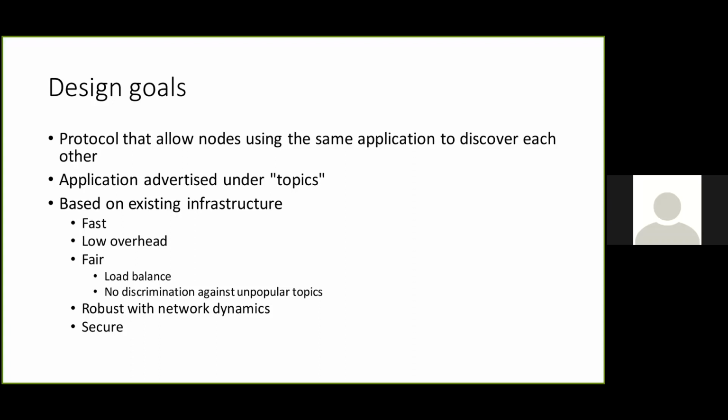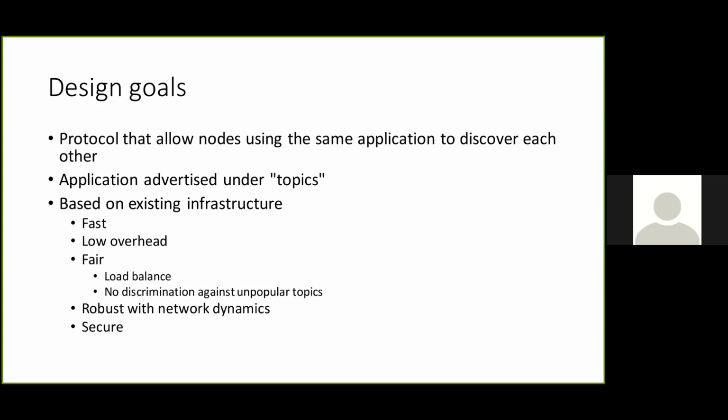And for the requirements, we also wanted to make it fast, with low overhead, and also fair in a sense that we would like to have equal load balance across all the nodes involved in the DHT. And also, we don't want to have a discrimination against unpopular topics or unpopular applications, meaning that we don't want to make life harder for unpopular applications to discover themselves.